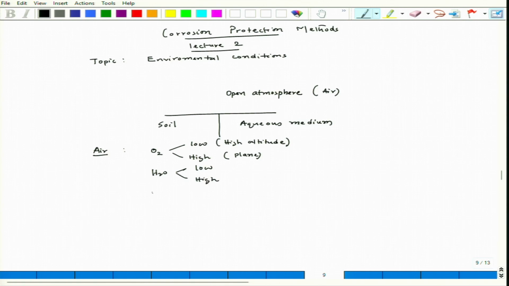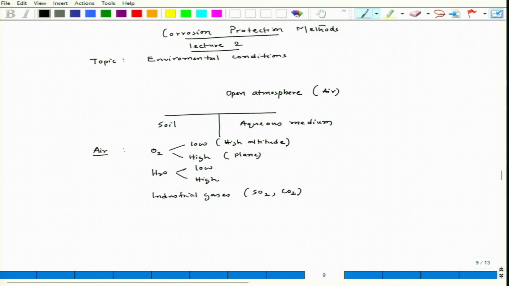Then there could be the presence of industrial gases, which can act as serious corrosives, like SO2 and CO2. It could be high or low depending on whether the materials are exposed near an industrial belt or away from it.